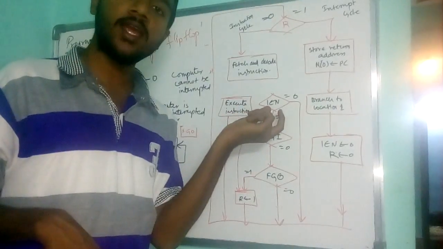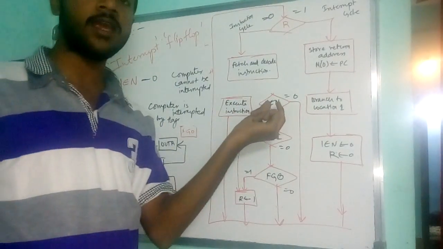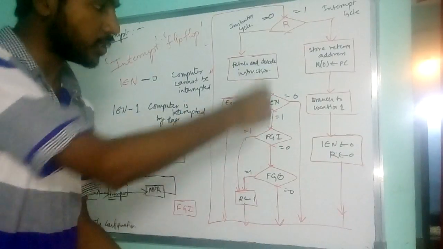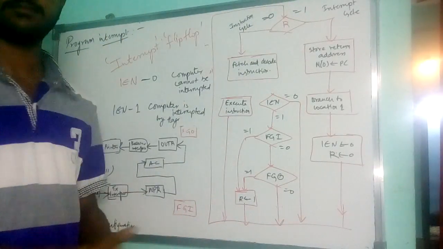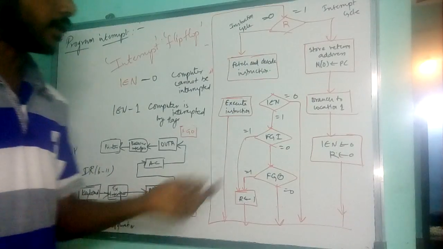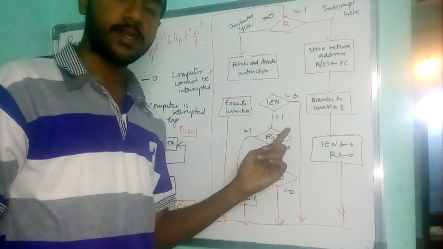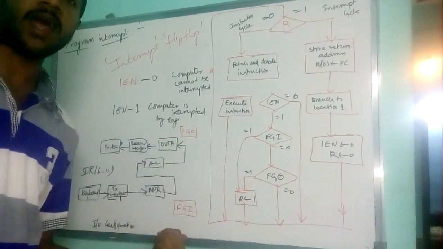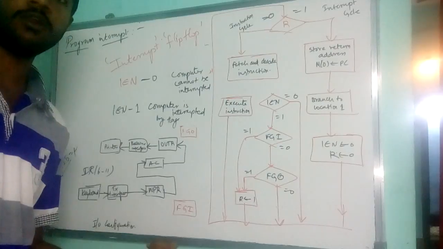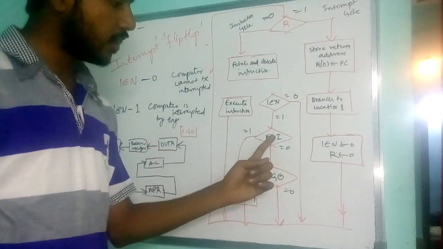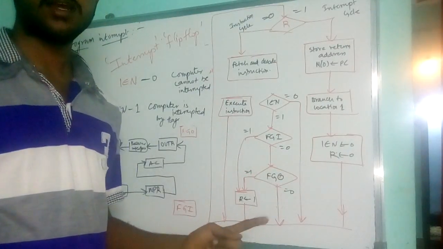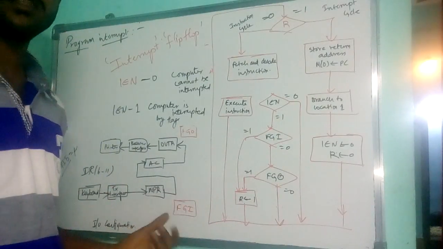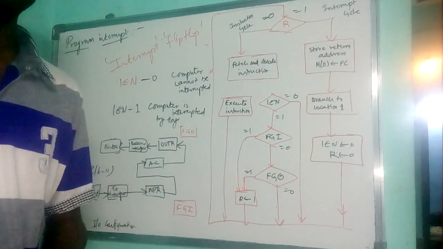Now, as I already mentioned, whenever my IEN is 0, the computer is not interrupted, so it executes the current instruction only. But whenever my IEN is 1, then it will be checked with the input flag or input control flip-flop. Whenever the input flip-flop is 0, it says that input is not ready, that means the input register is not ready to take the information.